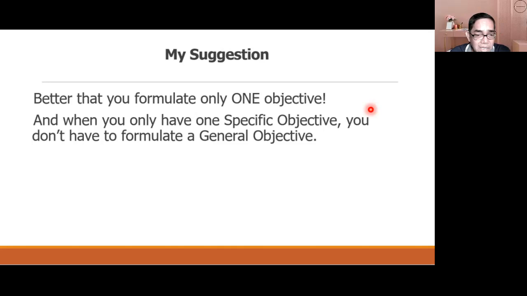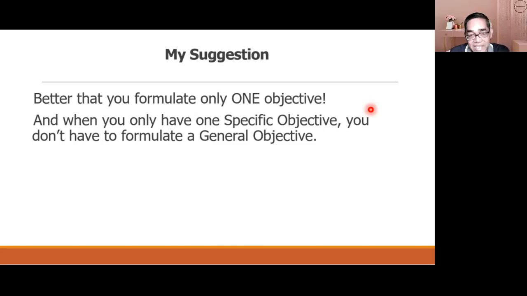They would always say, oh, why do you only have one specific objective? Where is your general objective? Why don't you have a general objective? And so students or even residents or researchers will write many specific objectives just to satisfy the question being asked of them.